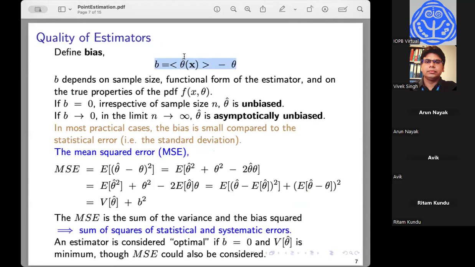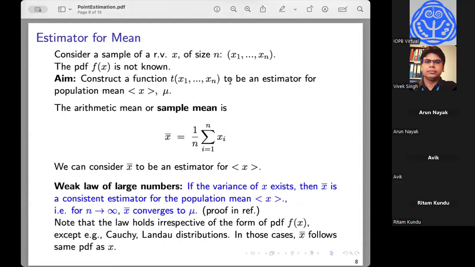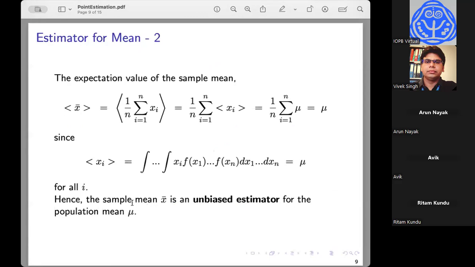If they are the same, b will be 0, and you can say that the sample mean x bar is an unbiased estimator for the population mean. So irrespective of the PDF, if you want to calculate the mean parameter given some observations, you can simply take the sample mean, and it will be an unbiased estimator for the actual population mean.